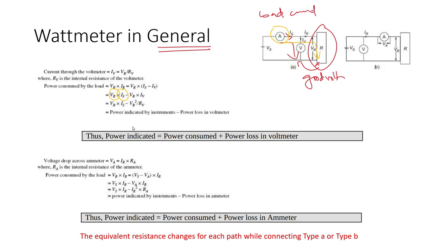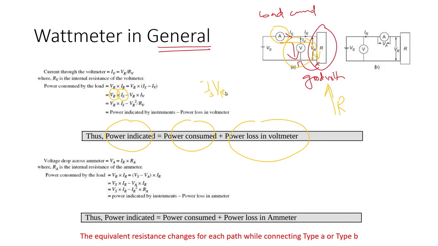The power indicated is actually the power consumed in this resistance plus the power loss in this voltmeter. So if we want to calculate the power consumed, what would we do? We will calculate the power indicated first. So I and V would be calculated. Now this I is IS and V is VR. So VR can be calculated directly.